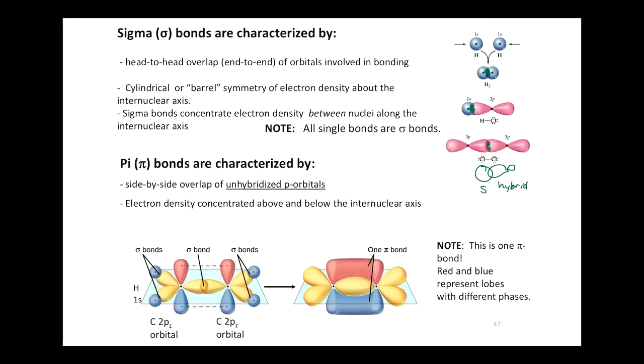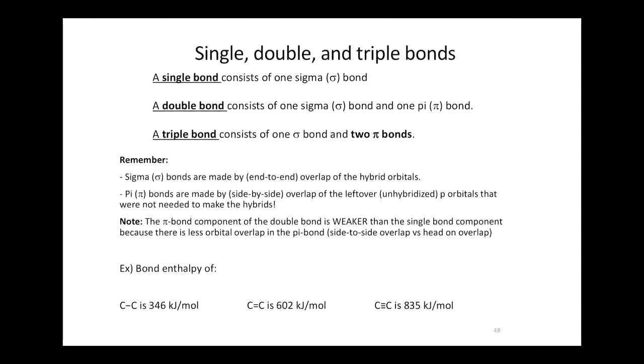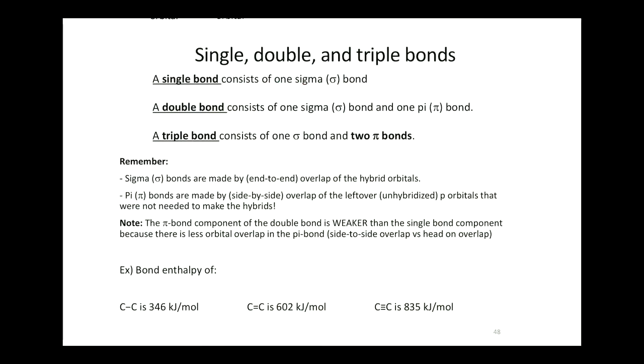So those are sigma and pi bonds: sigma head-on, pi side by side. Single bonds are all sigma interactions, and once we make double and triple bonds, we start adding pi interactions.